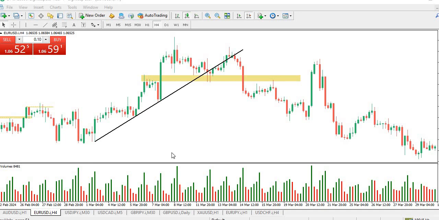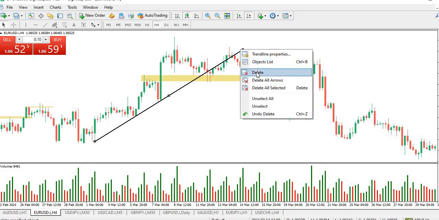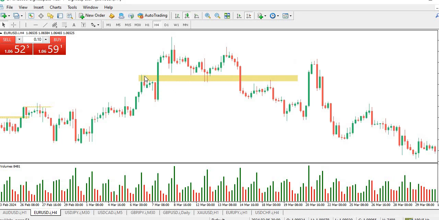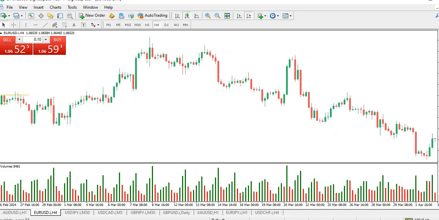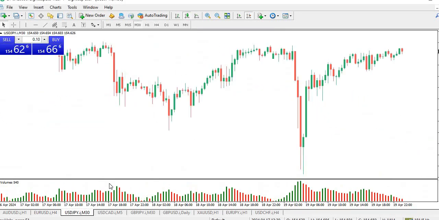So let's start the session. What are order blocks and how to trade them? Let me first remove the noise on my chart to be clear. Order blocks are the pending orders of big players such as banks, institutions, and hedge funds, which they have set for later entry.